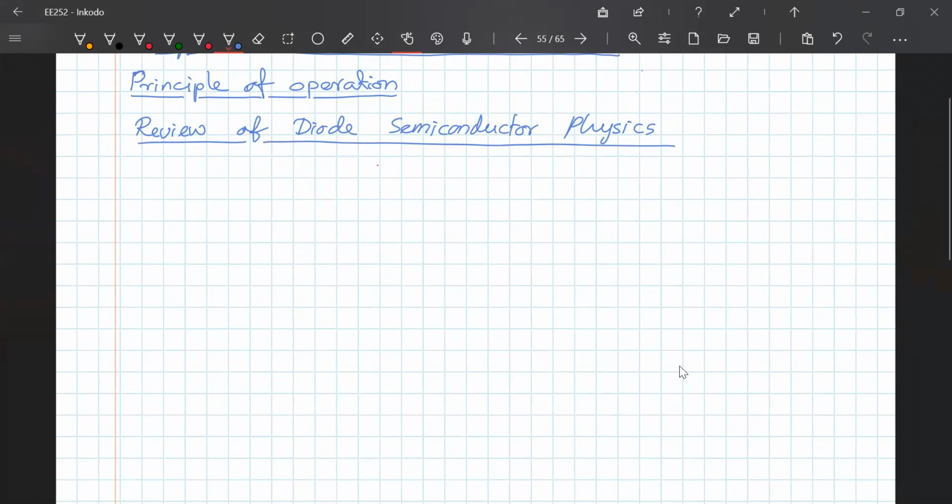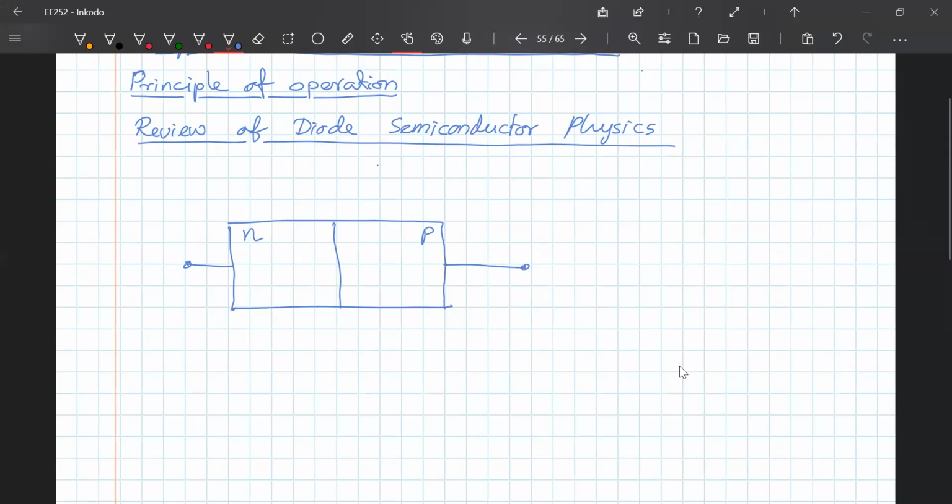All right. So you know, a diode basically consists of two semiconductors. One is an N-type, the other is a P-type, right? Semiconductors are materials like silicon and germanium. These are not conductors, they are insulators.